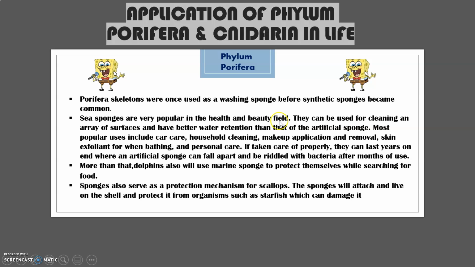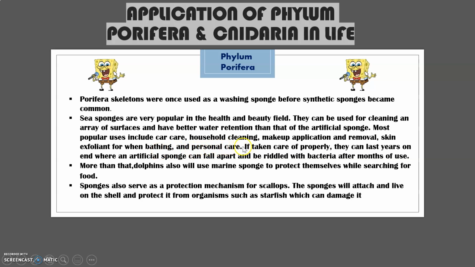They are used for cleaning an array of surfaces and have better water retention than artificial sponges. Most popular uses include car washing, where most people use sponges to wash the car, the skincare routine, makeup application and removal, and also as a skin exfoliant for bathing and personal care.